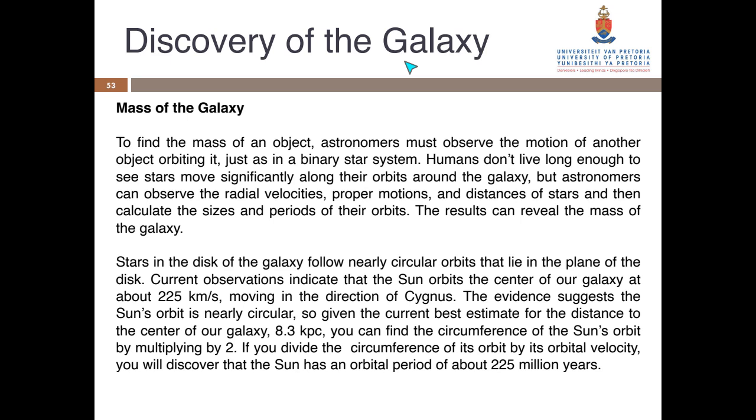If you divide the circumference of its orbit by its orbital velocity, you will discover that the Sun has an orbital period of about 225 million years. So it takes our Sun 225 million years to orbit around our galaxy once.